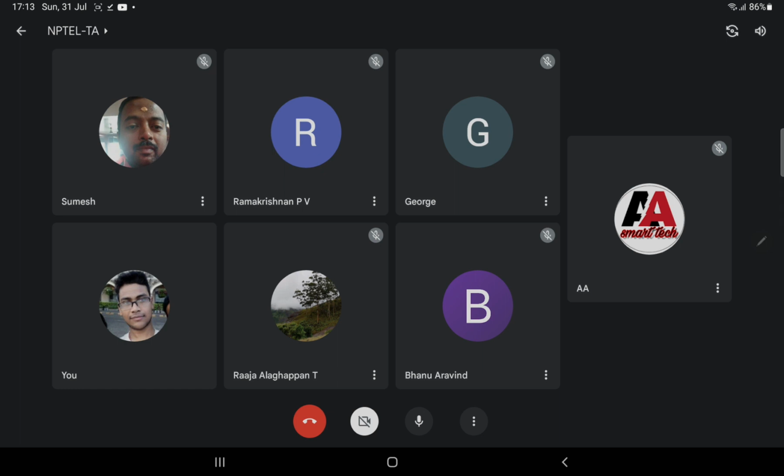Okay, tell me about the area of the slip plane. If this is your original cross sectional area, what will be the area of this? A cos 30.